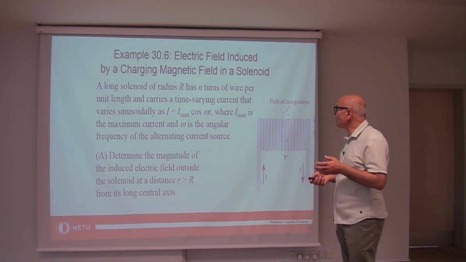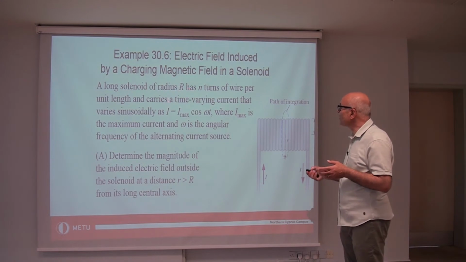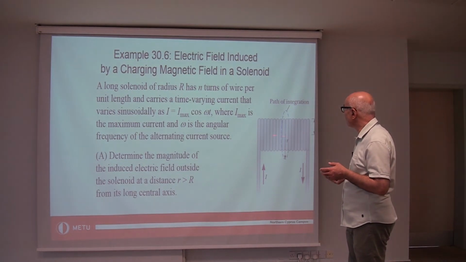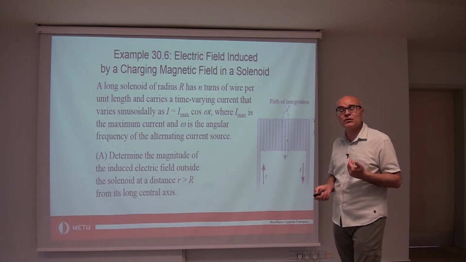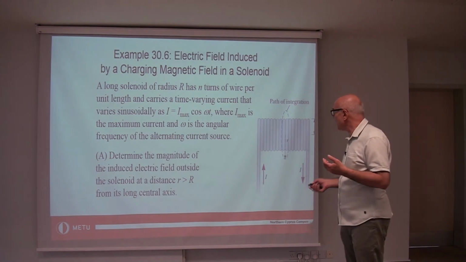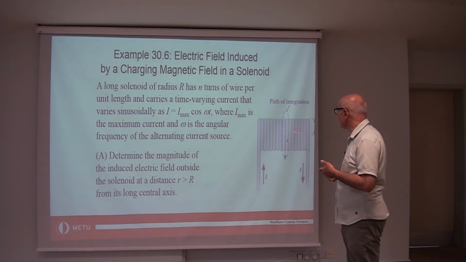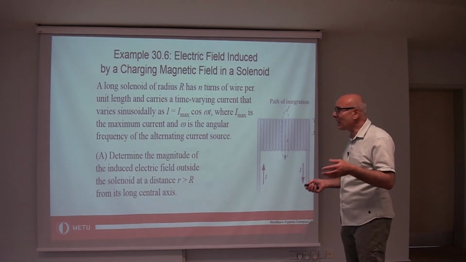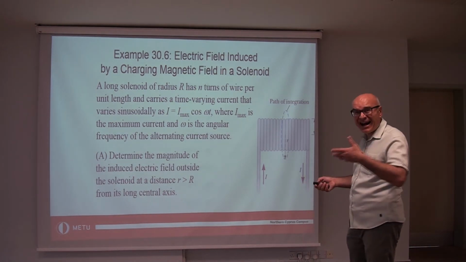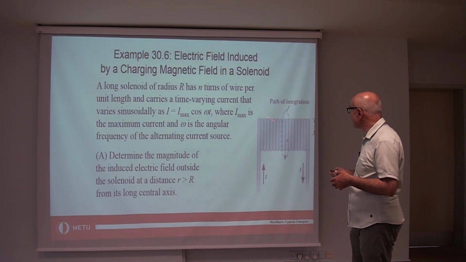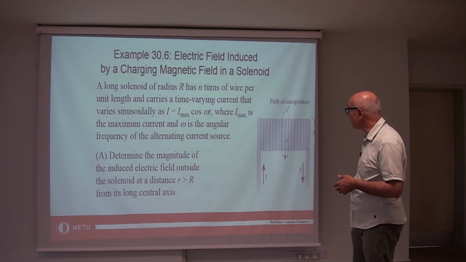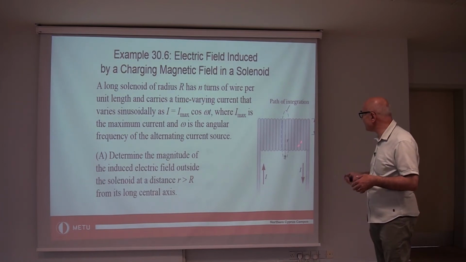We remember that we found an expression for the field of a solenoid when we talked about the sources of the magnetic field, and it was proportional to the turn density and to the current. We know that the magnetic field of an ideal solenoid is 0 outside and uniform inside. So we have a magnetic field only inside the solenoid.